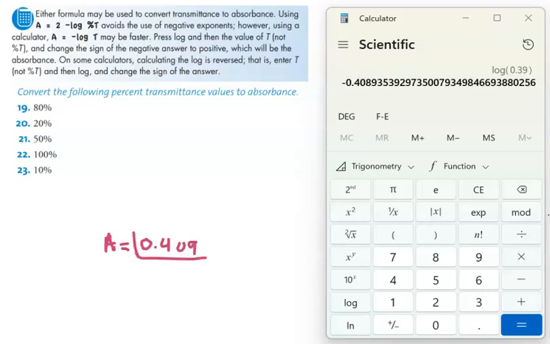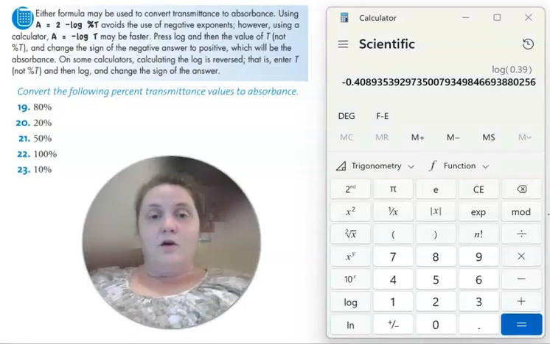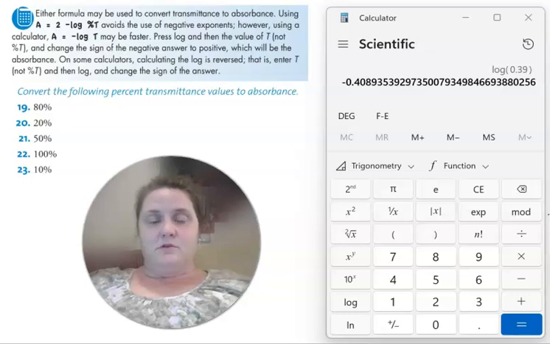And remember, we change that negative to a positive. I hope all these examples give you an understanding of how to use the calculator and the log key to solve these equations for absorbance.